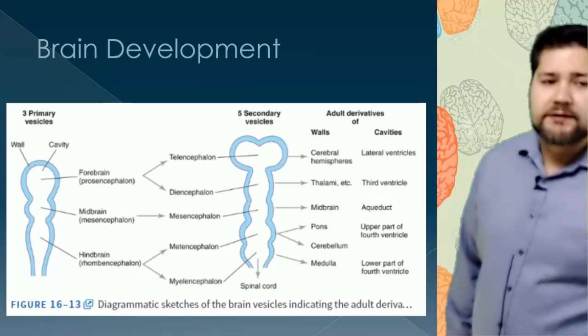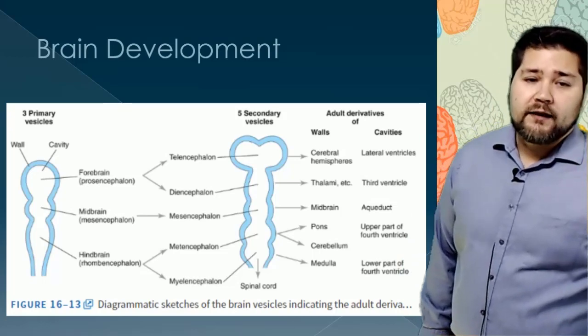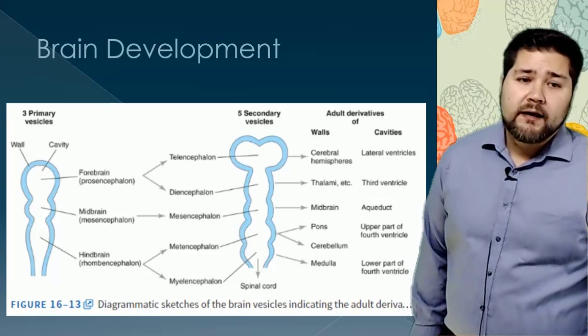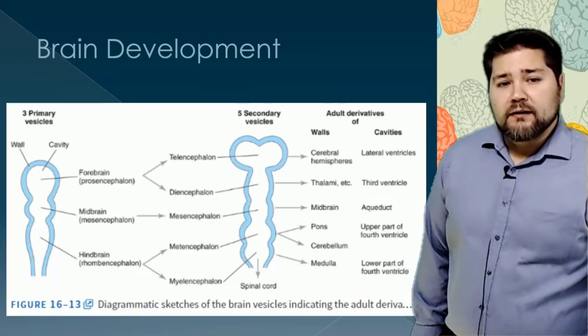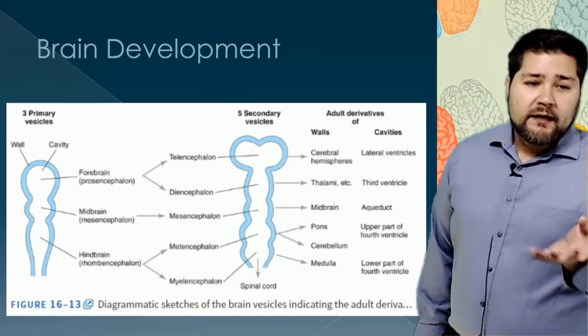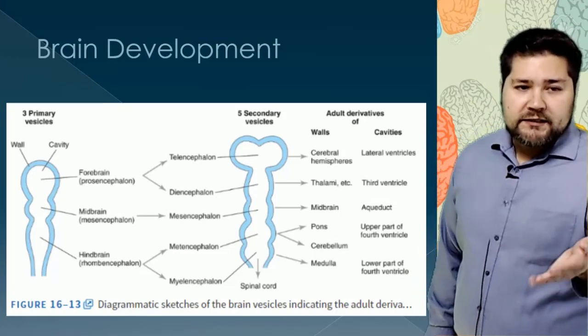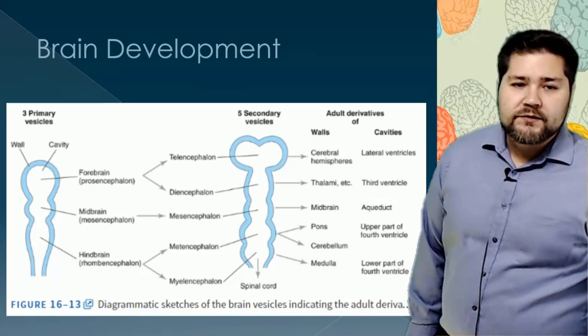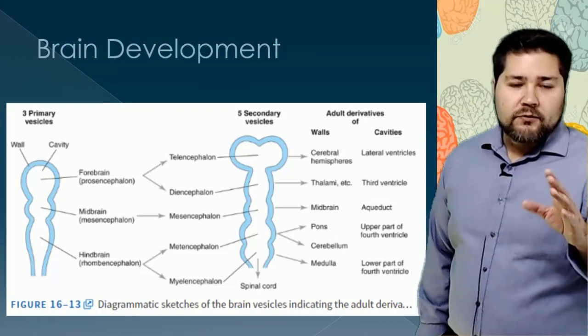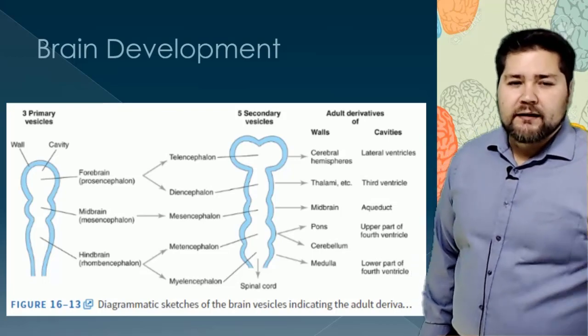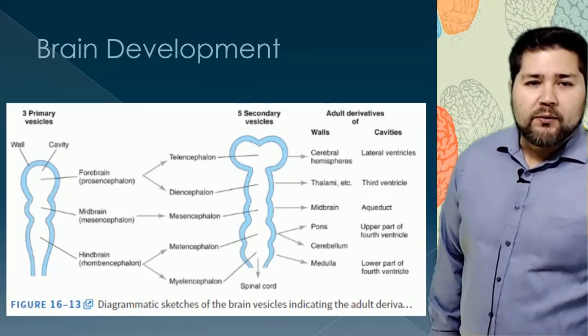And then our hindbrain is going to further develop into the metencephalon, which will give rise to our pons and cerebellum, and then our myelencephalon, which is going to become our medulla. Now, one thing to note again with terminology, we see that myel prefix there. This is kind of the junction before the brain becomes the spinal cord, a hybrid spinal cord brain component.